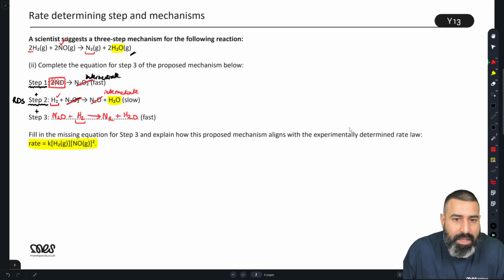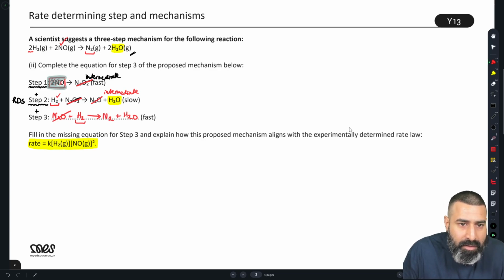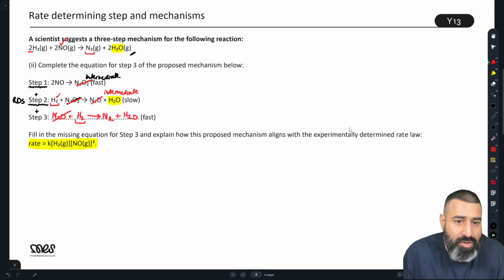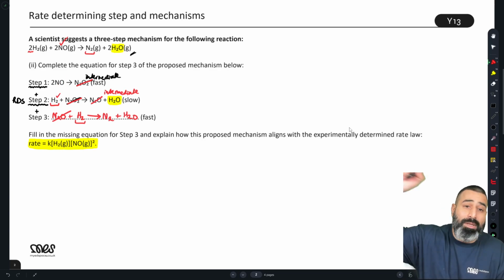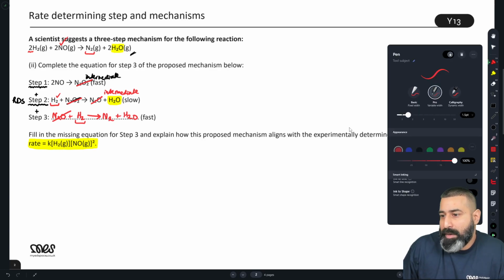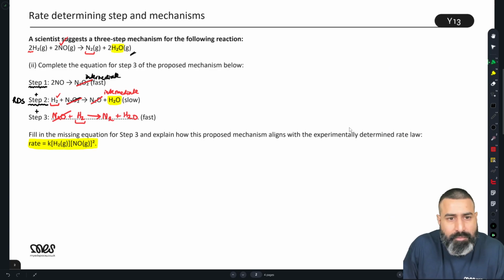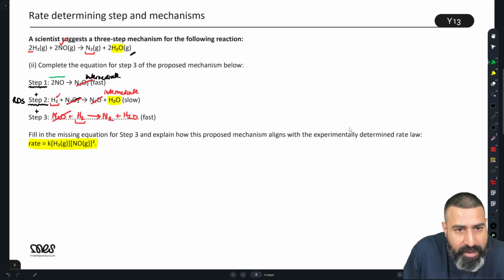Let's have a look if this works. Cancel out all your intermediates. Now we're going to see if we add up all of the species in the proposed mechanism, do we get the overall chemical equation? So first of all, 2 lots of NO. Now I'm adding step 1, 2, and 3.